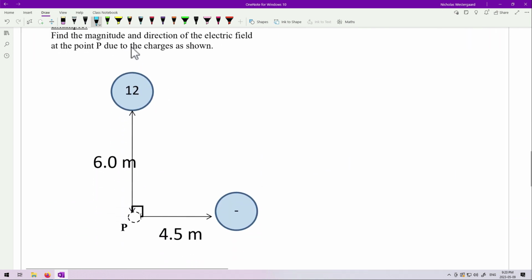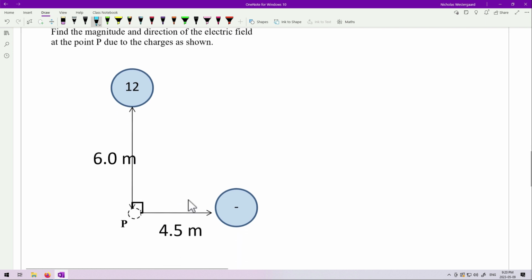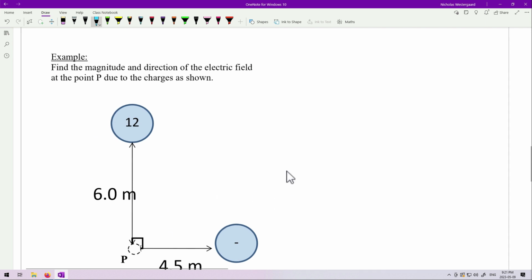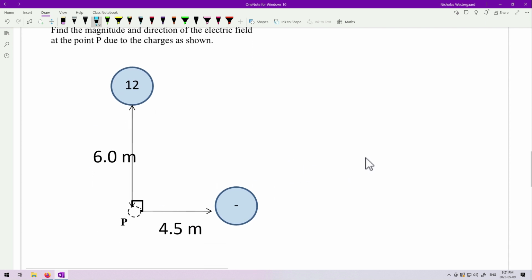Now, this example is the same situation, but now things aren't in a line. The point P is not directly in between the two. For the sake of ease, let's make this a 12 coulomb charge, and let's make this one a -9 coulomb charge. I realize I didn't actually label them, but we can do it there. How do we do this?